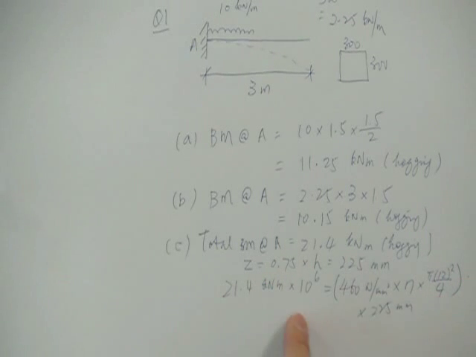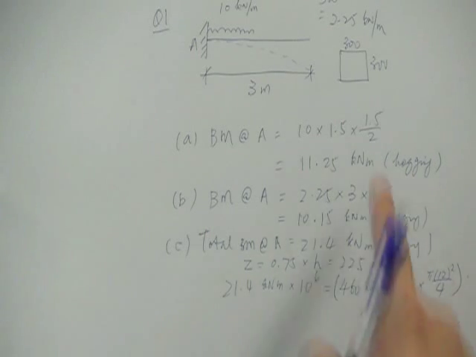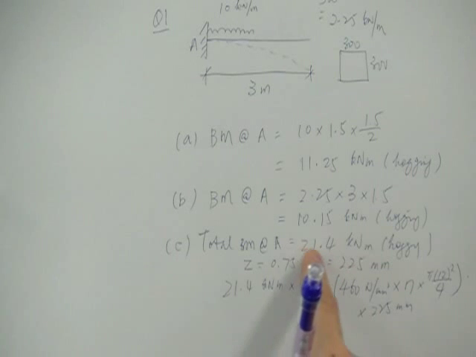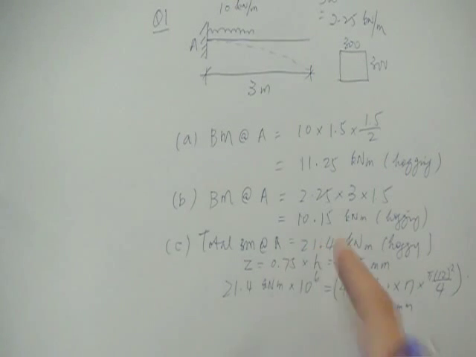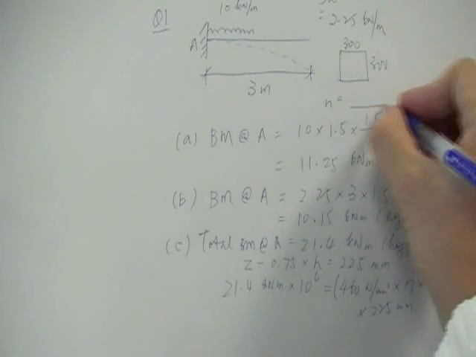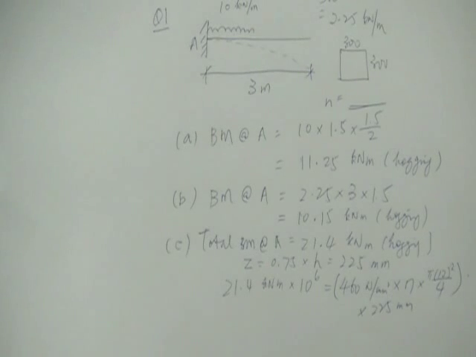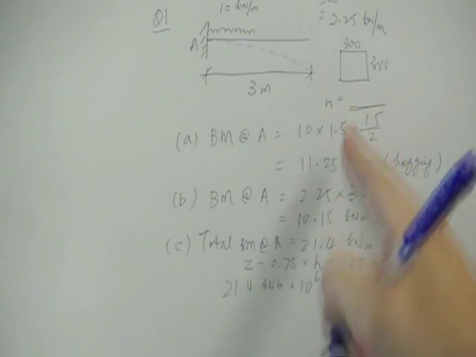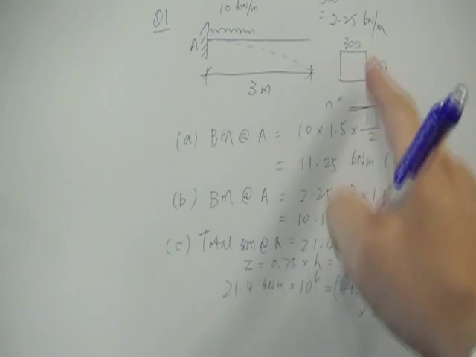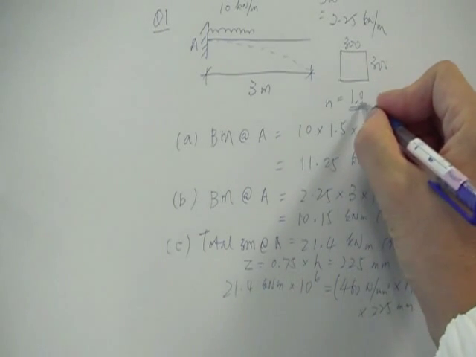So based on this equation, you can find out the number of reinforcement for this beam to resist the total bending moment due to the impulse load and the dead load. So N finally it's equal to, from the equation below, the number of bars required at the top will be 1.83.